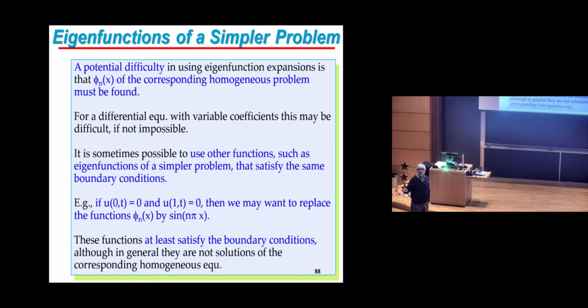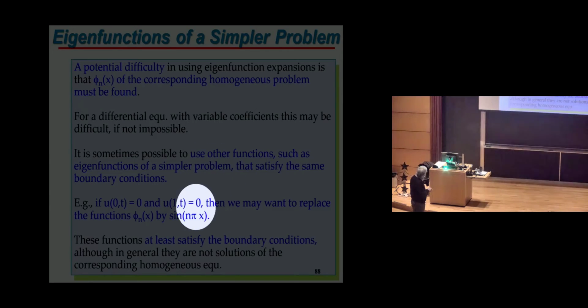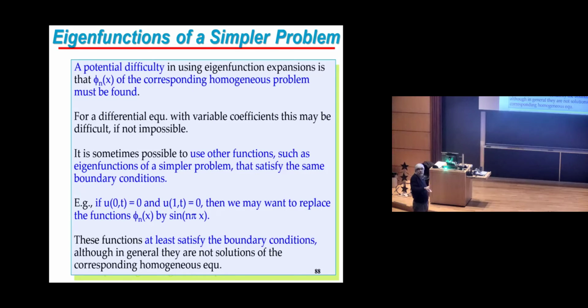Here's what you can do. You don't really have to use the boundary value problem that you have at hand. You can use the eigenfunctions of any other boundary value problem on the same domain. So, for example, you can use sines or cosines. That's what the Fourier expansion is. The only thing you have to be careful is, if there are essential boundary conditions in either end, you need to be sure that your basis functions that you expand satisfy those essential boundary conditions.